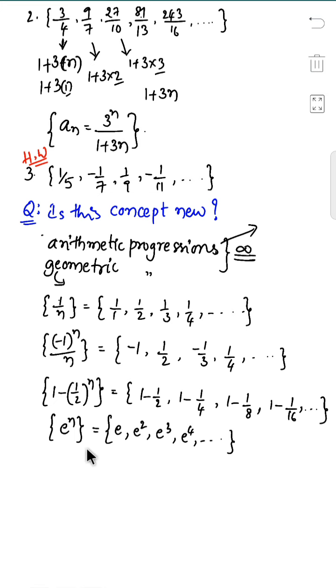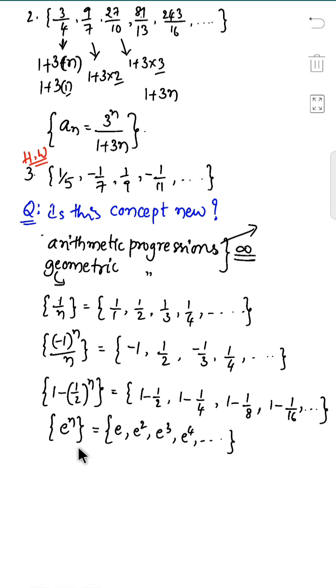Okay, so now we study some specific examples of sequences and try to obtain a particular concept. So what is that concept?